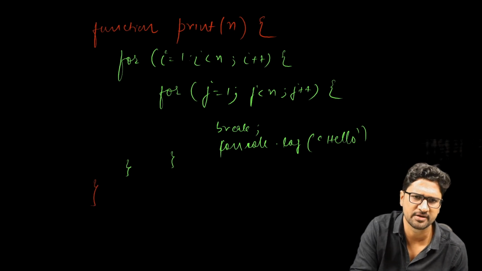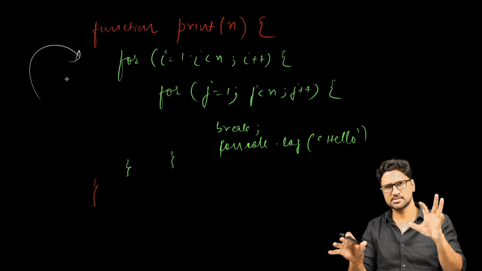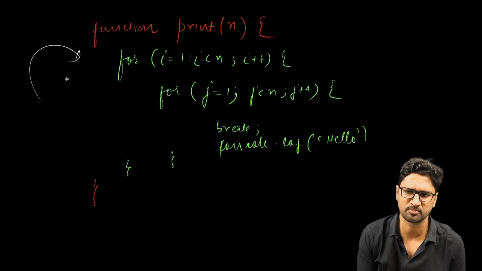Can you guys tell me what will be the time complexity of this? Just take a pause and put that into the comments. What is the time complexity of it?